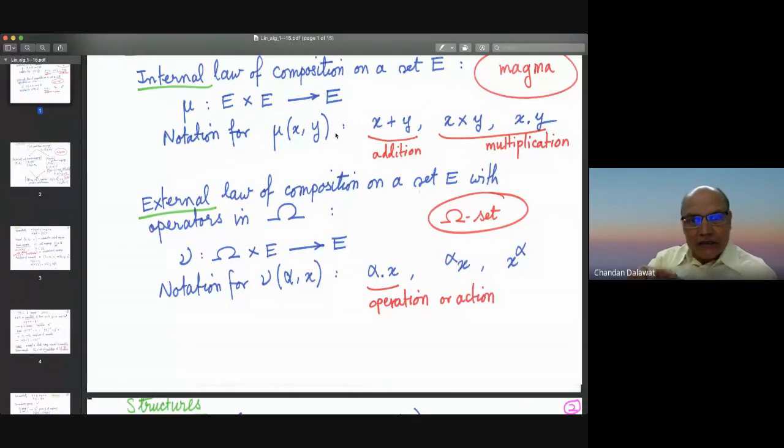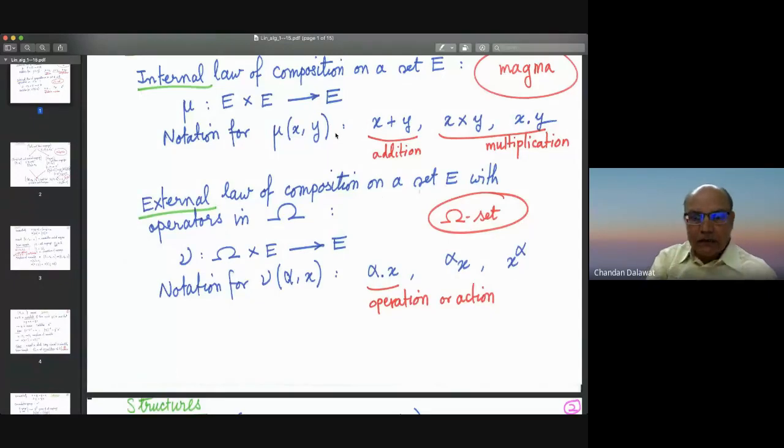So this operation of combining two elements to produce a third element of the set E is sometimes written as plus, in which case it's called addition. Sometimes it's written as cross, in which case it's called multiplication. So you have x cross y, or it's also sometimes written as a dot, x dot y, where this dot also stands for multiplication.